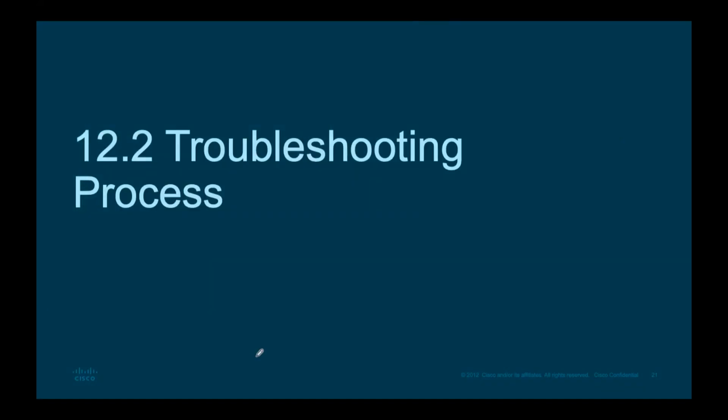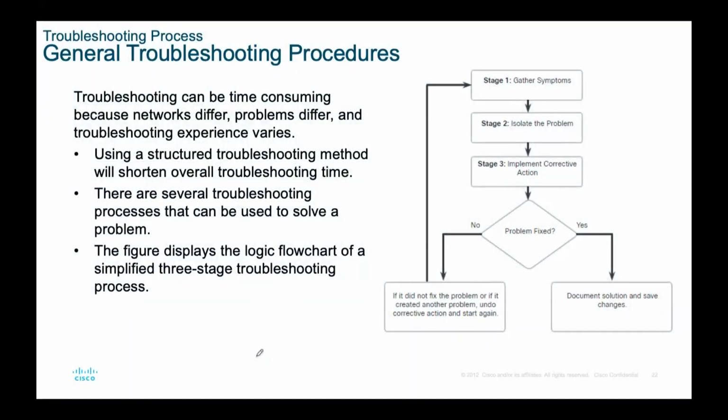Next, the troubleshooting process. Once you have documentation, we look at the troubleshooting process. General troubleshooting procedure: troubleshooting can be time consuming because networks differ, problems differ, and troubleshooting experience varies. Using a structured troubleshooting method will shorten overall troubleshooting time.